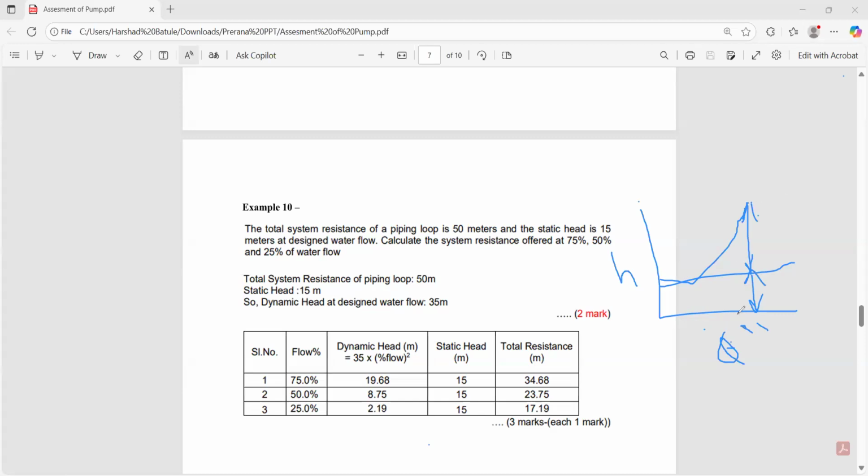If you start from this point to this point, your flow rate is going to increase, so your head is going to increase. If you start from this point to this point, your flow is going to decrease, so your head is going to decrease.